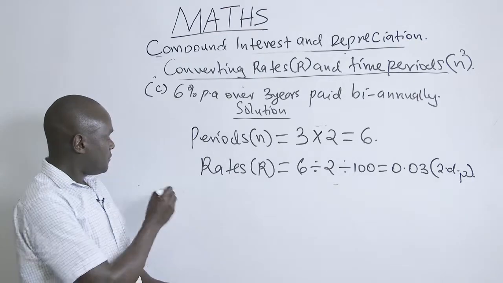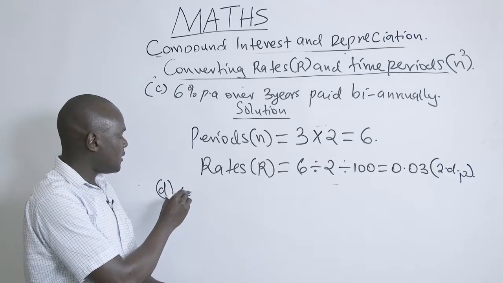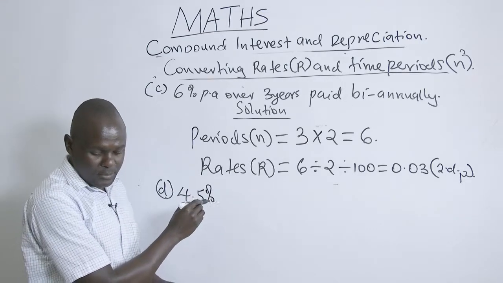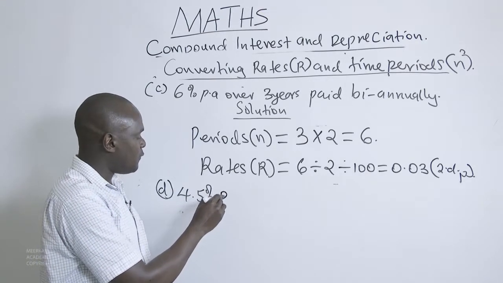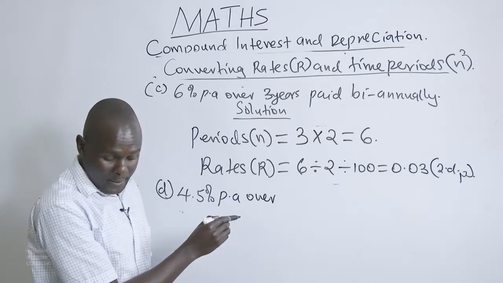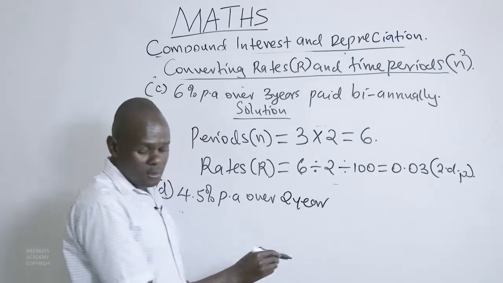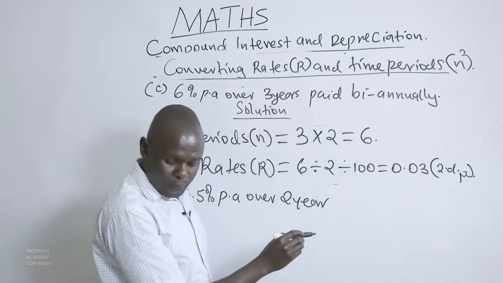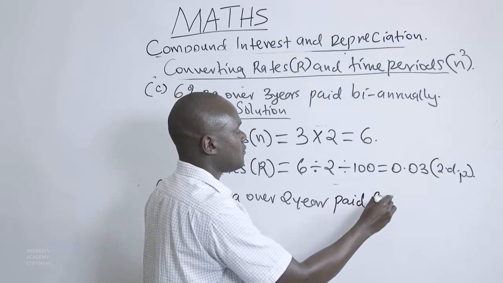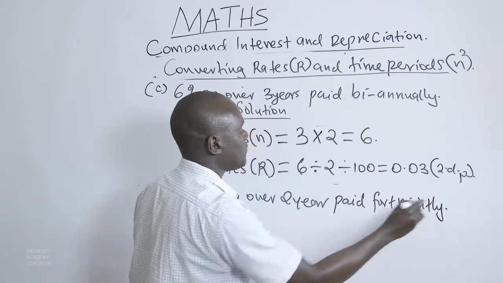And lastly, we can go ahead and look at how do we calculate the periods and the rates for 4.5% per year over a period of 2 years, which is paid fortnightly.